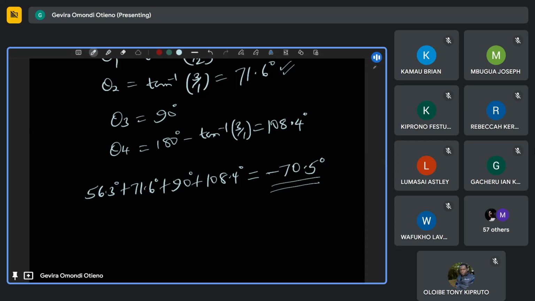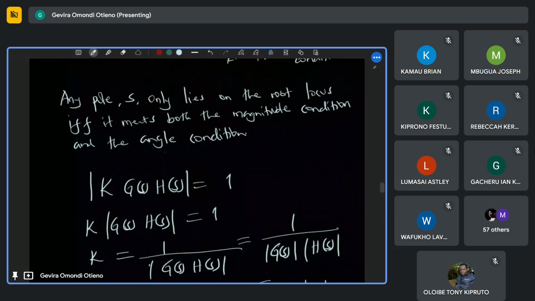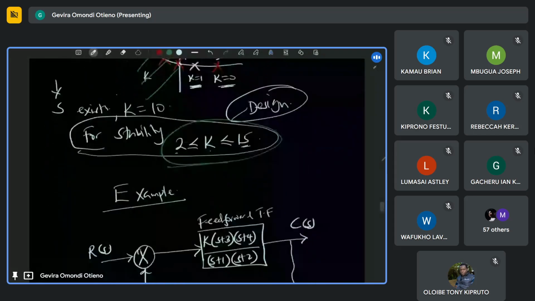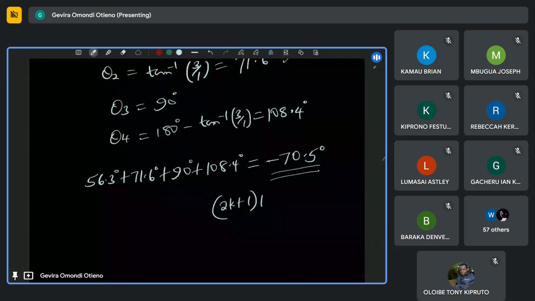Now, we said that the angle condition is that we must have 180 degrees or an odd multiple of 180 degrees. What we were summarizing as 2K plus 1 into 180 degrees, meaning K can be 0, plus or minus 1, plus or minus 2, and so on.